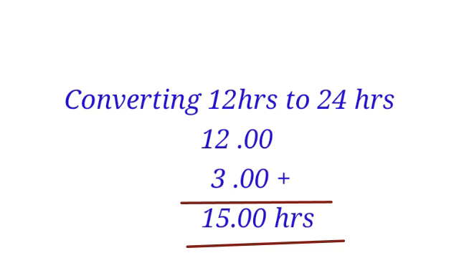So likewise, we can add 12 to the hour. When can we add 12? When we need to change the time to 24 hour clock. See, I will show you an example whether we are adding 12 or not. Yes, we are adding 12.